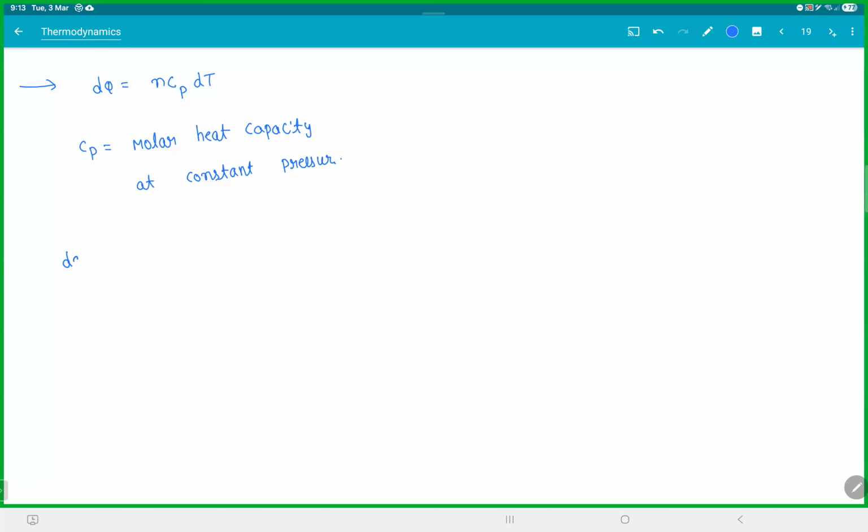Then from the first law of thermodynamics, dQ is dU plus dW: nCp dT, dU is nCv dT, and work done in an isobaric process is nR dT. You end up with Cp is equal to Cv plus R. This is called Mayer's relation.